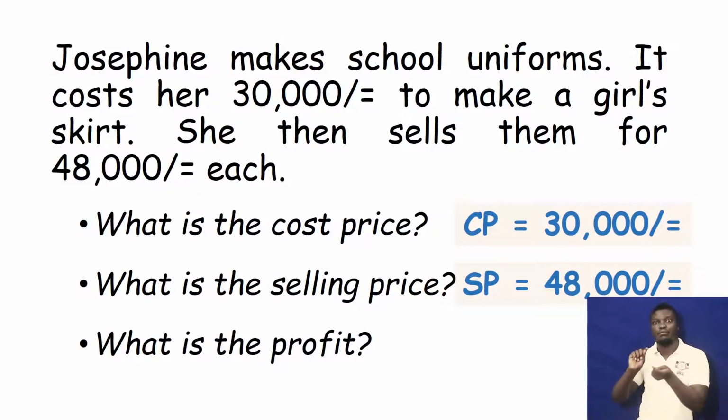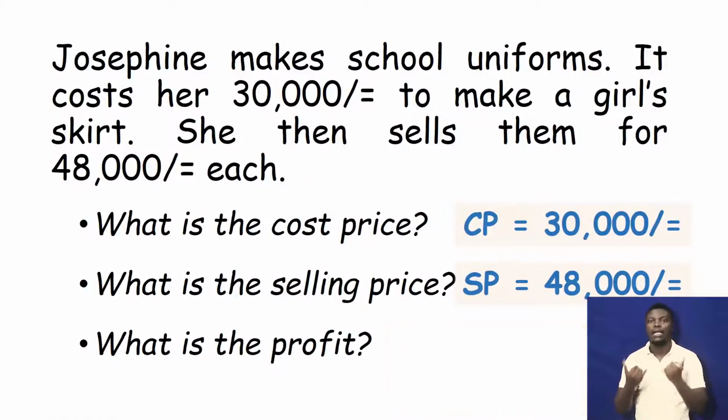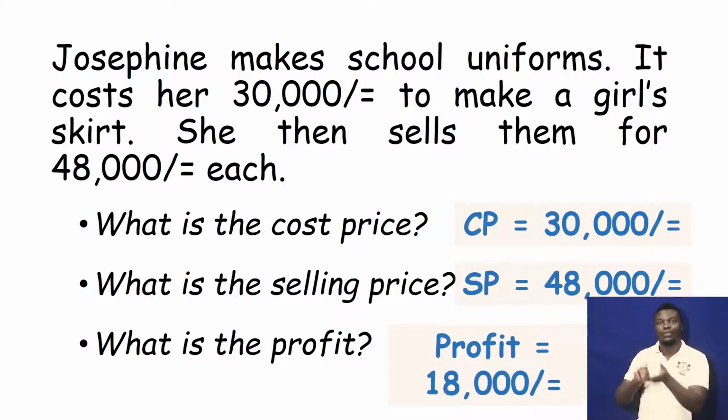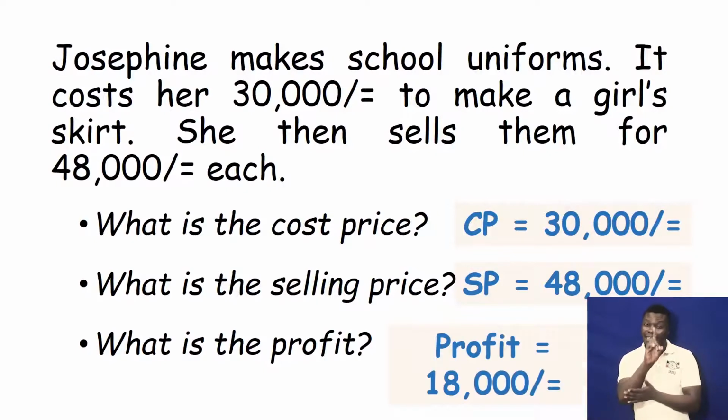Alternatively, you can state it as selling price minus cost price. So when we do that subtraction, we are going to get a profit of 18,000 Uganda shillings. So our profit is 18,000 Uganda shillings.